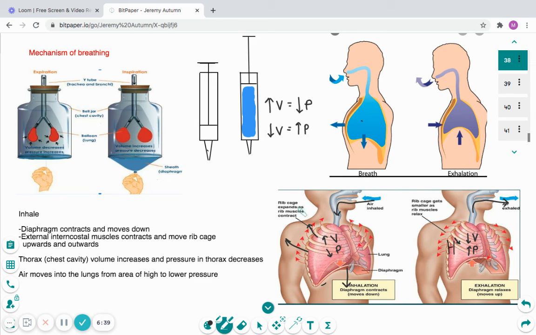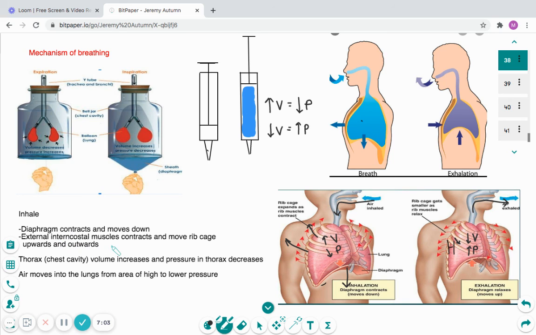All right, so just a quick summary, I'll go through how we inhale, and maybe at the end of this video you could use this as a writing frame to describe how we exhale. So to inhale, the diaphragm contracts and moves down. External intercostal muscles, that's spelled wrong, it should be an N there.